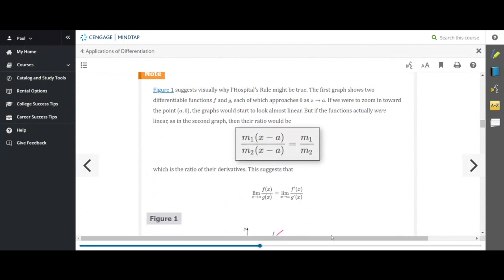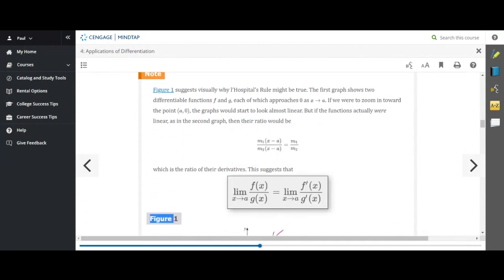Therefore, this suggests that the limit as x approaches a of f over g is simply the limit as x approaches a of f prime over g prime. And that's L'Hopital's rule.